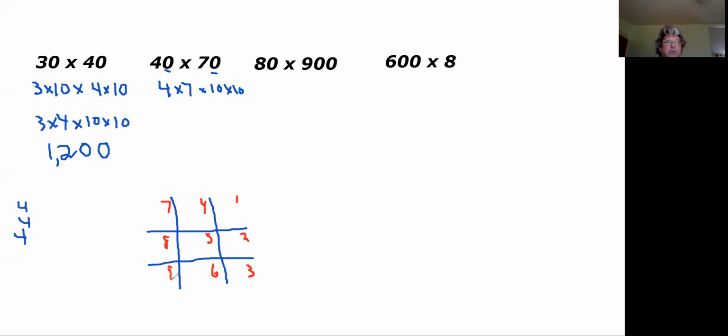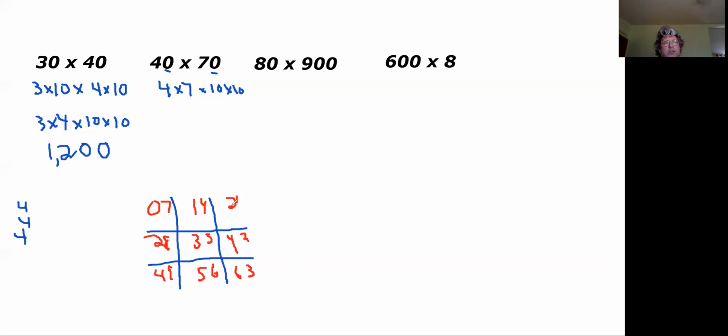Hopefully you're faster than I am with the tic-tac-toe board. This mouse is hard to write with. Then you come across 0, 1, 2, 3, 4, 5, 6. And then remember, we have our multiplication factors go across.